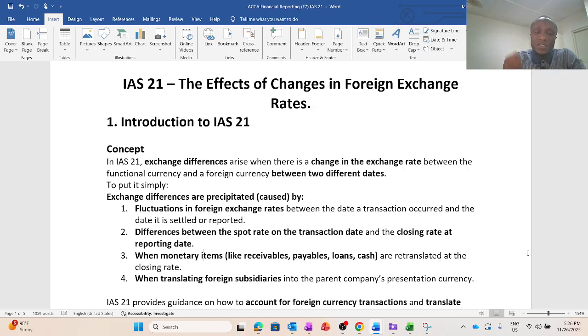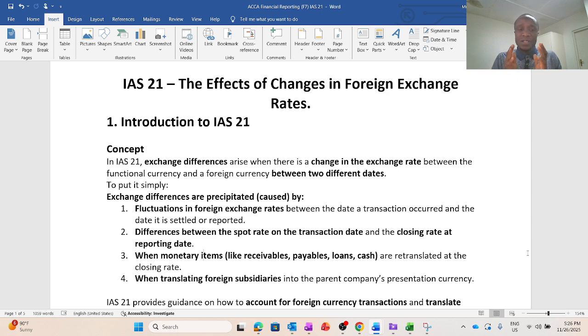If we want to settle that transaction, if we want to make payment to the supplier, it means we need to secure the dollar. We need to make payment in dollar. So for us to make payment in dollar, we need to convert our leones, our functional currency, to dollar at a specific rate.